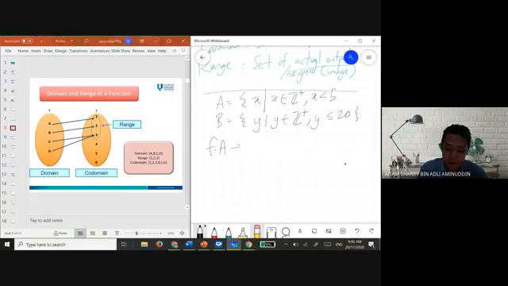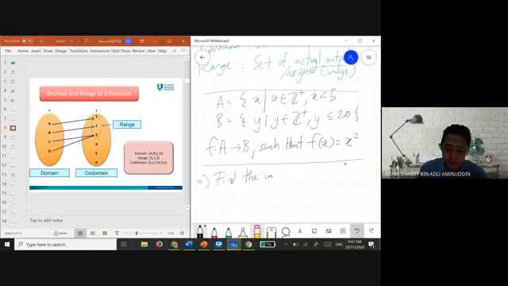F from A is defined to be, is assigned from domain A to codomain B such that F(x) equals to x squared. My question will be, find the range.